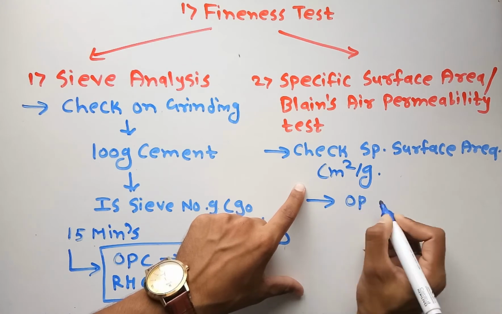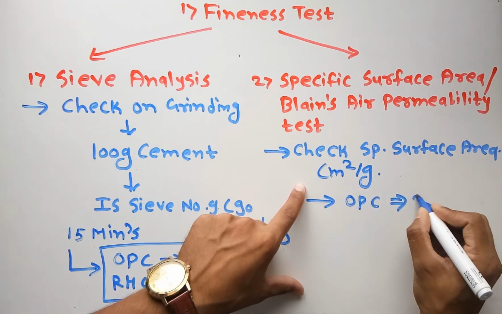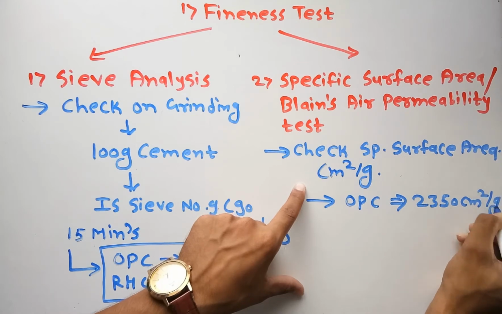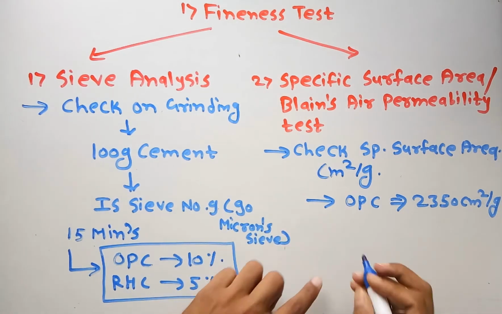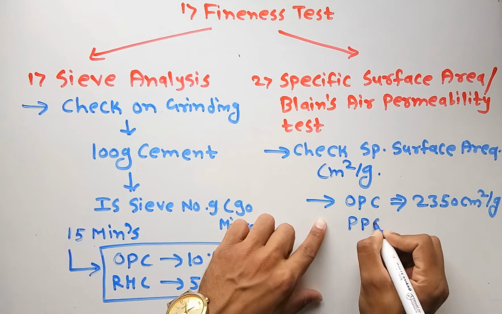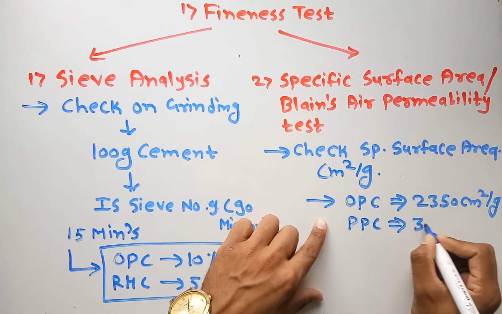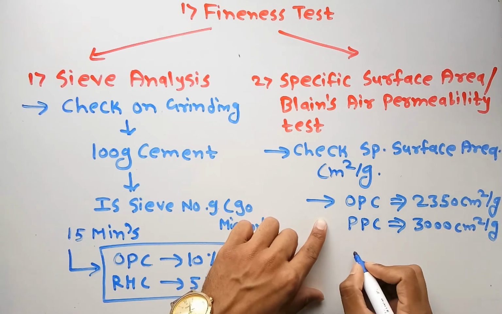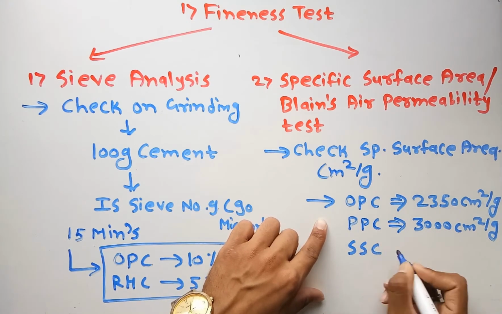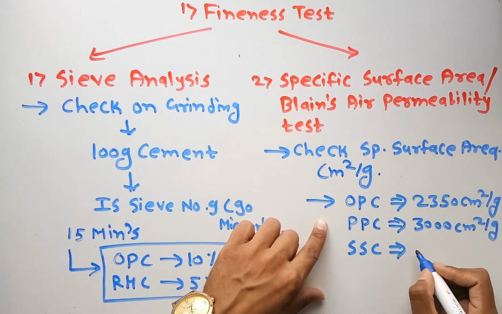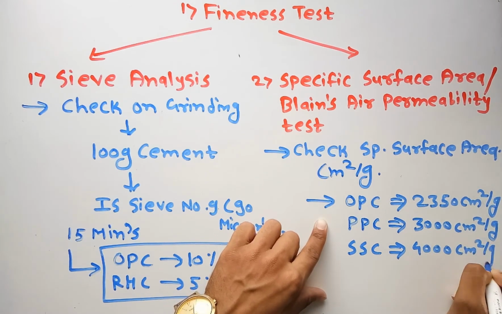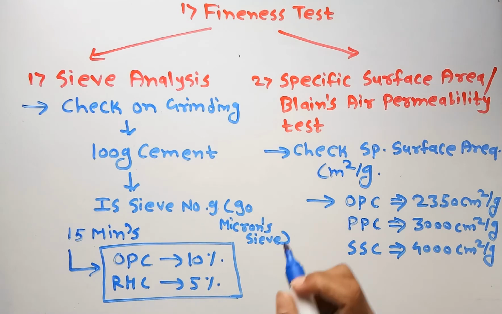For OPC, the result should be 2350 centimeter square per gram, then for PPC it should be around 3000 centimeter square per gram, and for SSC, super sulphated cement, it should be around 4000 centimeter square per gram.